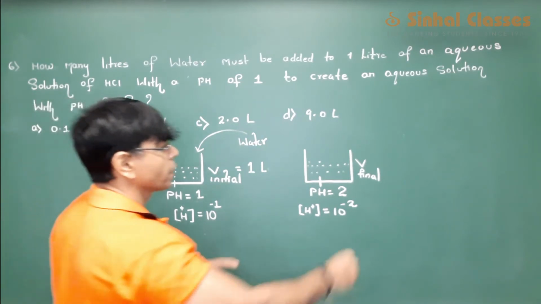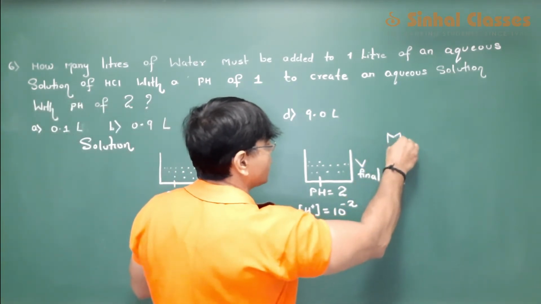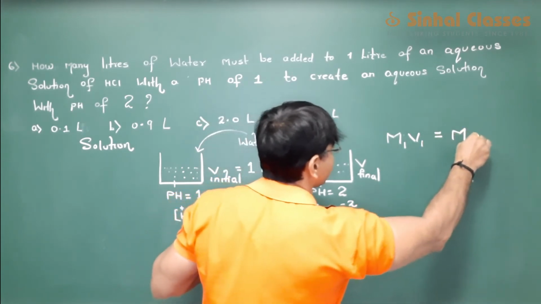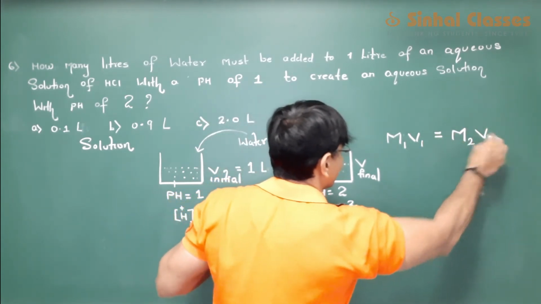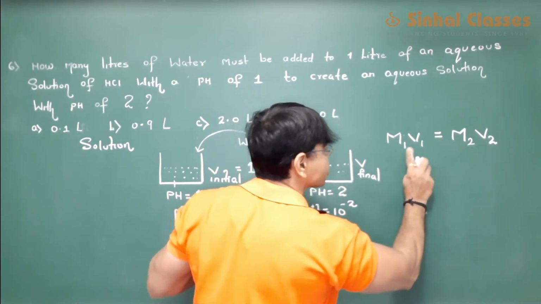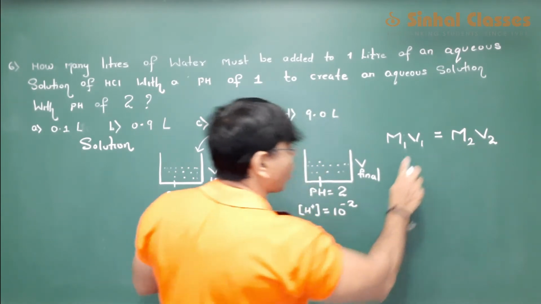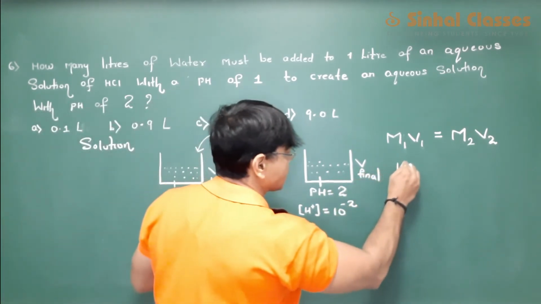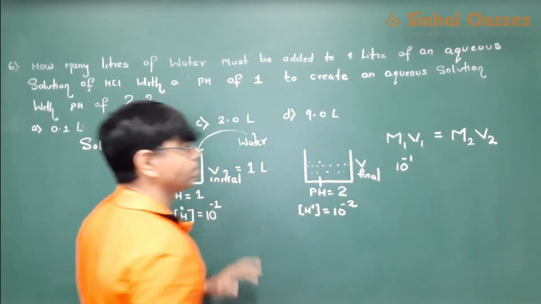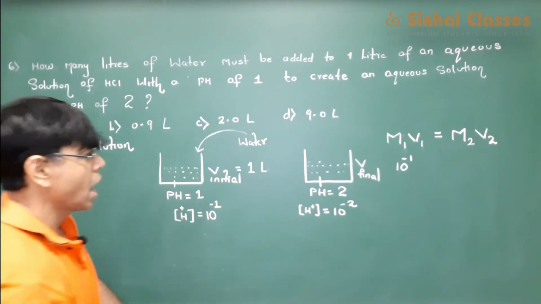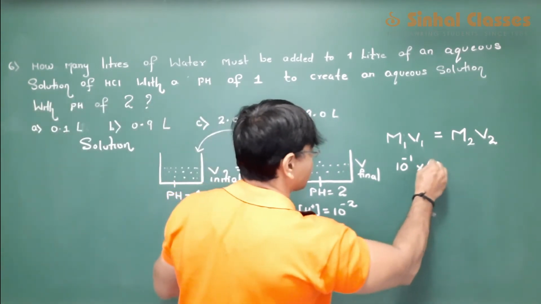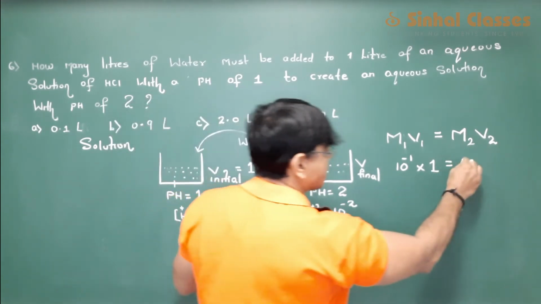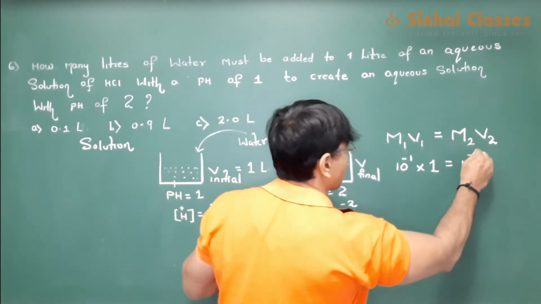So we take this equation, M1 V1 is equal to M2 V2, where M1 and V1 are the initial concentration and volume. Initial concentration is 10 raised to minus 1 and initial volume is 1 liter. The final concentration is 10 raised to minus 2.